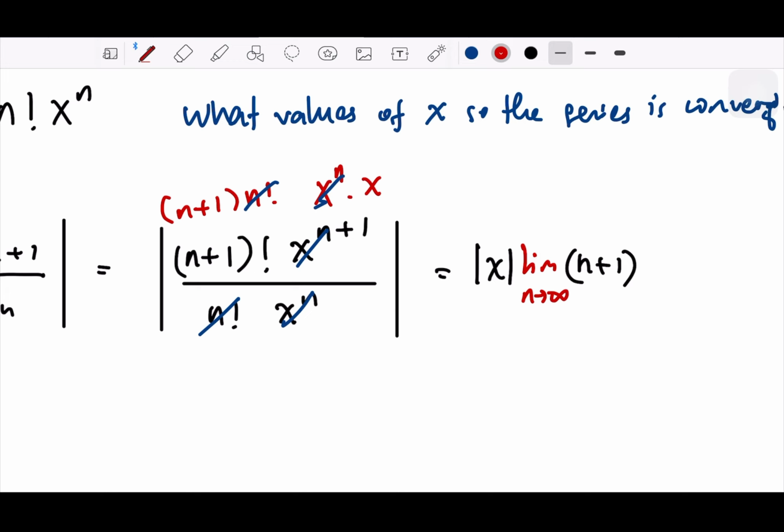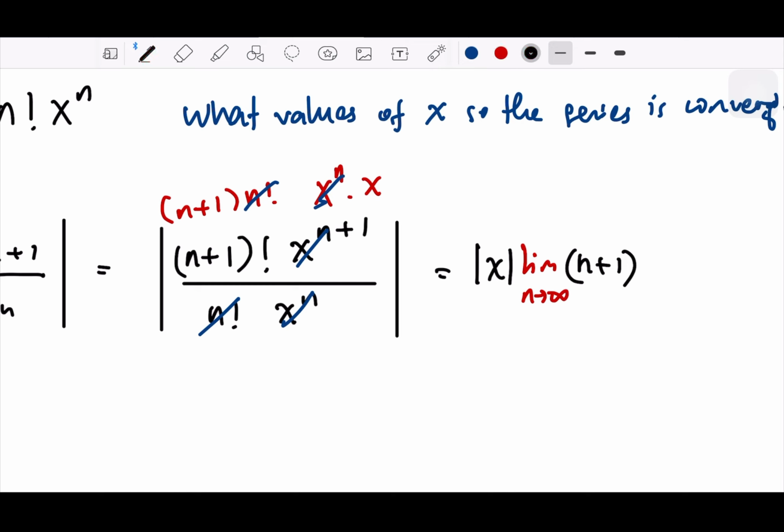So we have two elements now, the element of x and the integer n. Looking at this limit, if the limit is infinity, then the only x that is possible to converge is 0.